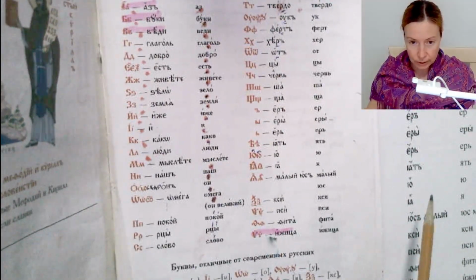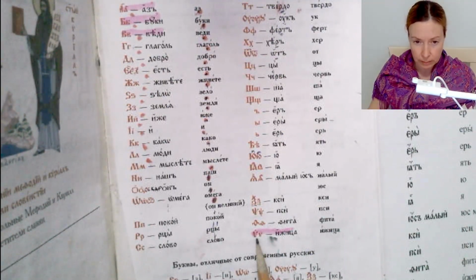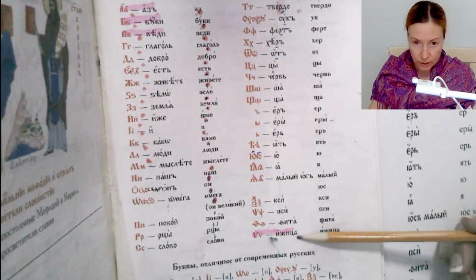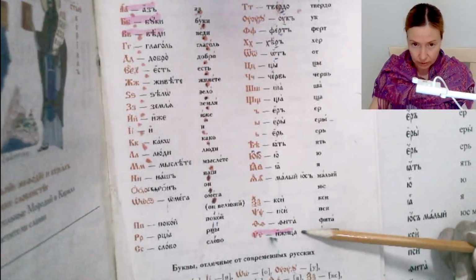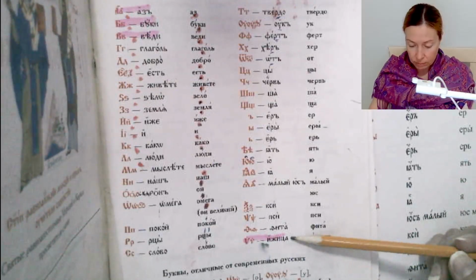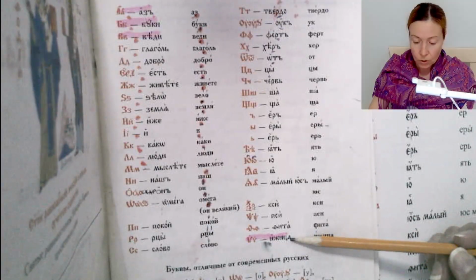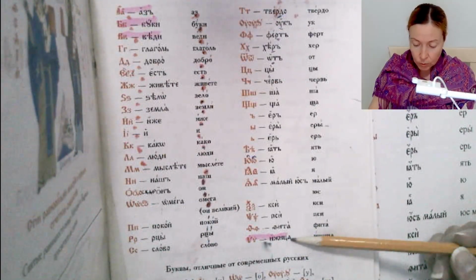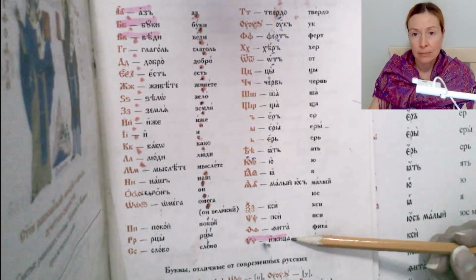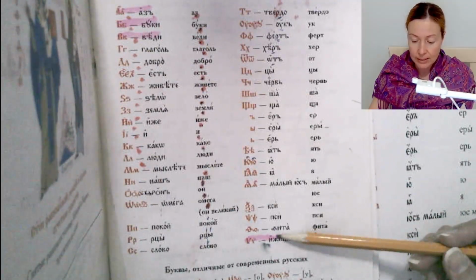So I could actually mention right now when do we read e or v, if you're not going to be really overwhelmed with information. So actually, this ijitsa, the last letter, we usually say that it's e or v. So when is it e and when is it v? So v will be after a and ye. So when it's a or ye, after them you read it as v.